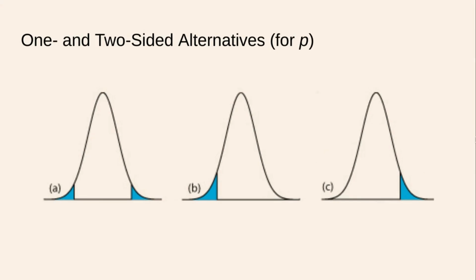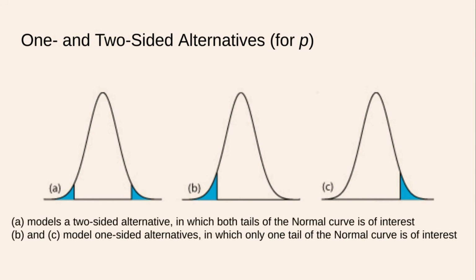Here is graphically a representation of a one and a two-sided alternative. Part A models a two-sided alternative in which both tails are of interest for a normal curve. Again, a normal curve is what we can use to model the sampling distribution of sample proportions, and since we're dealing with proportions in this chapter, we want to refer to our old friend, the normal model.